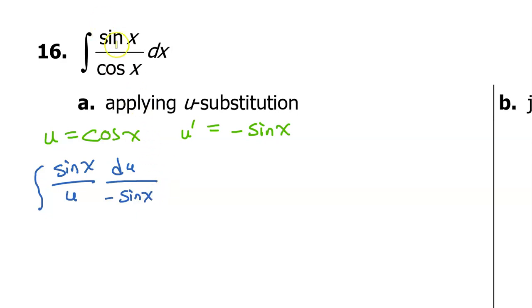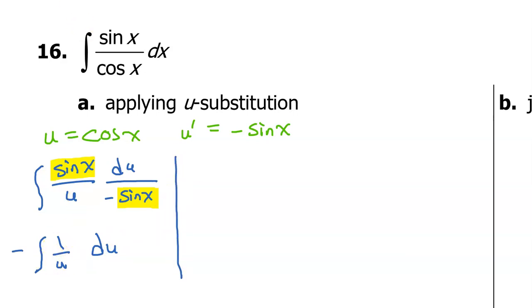But then we notice that we have sine x in the numerator and sine x in the denominator. The extra negative sign that we see will be put out in the front of the integral. So now I have the integral of 1 over u du. But this is a memorized rule.